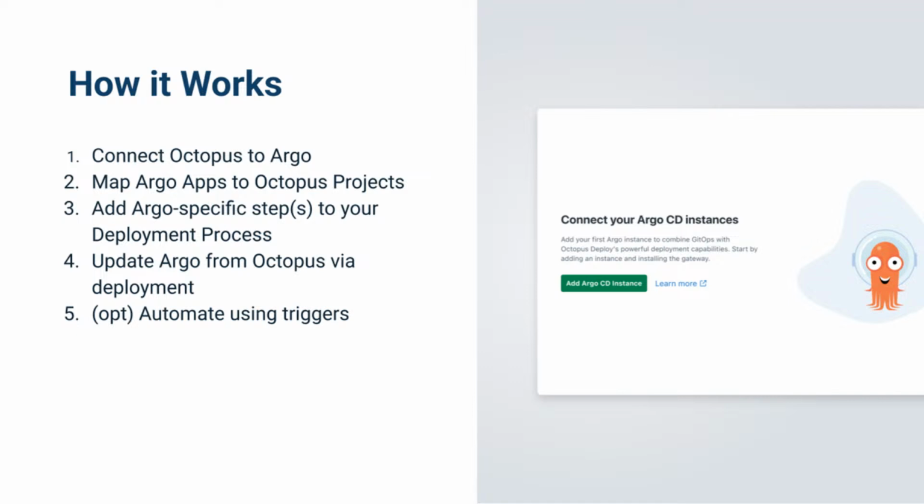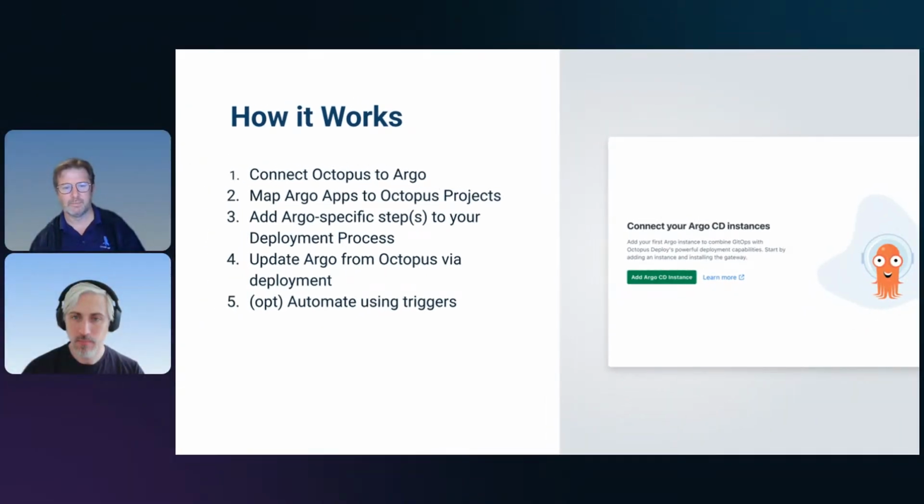Then after that, we're going to need to map your Argo applications into specific Octopus projects so we know which deployment processes are responsible for upgrading which Argo apps. After that, we're going to need to add some Argo specific steps to our deployment processes. So depending on what it is you want to be modifying in your Argo app, we'll create a step and we'll define that behavior there.